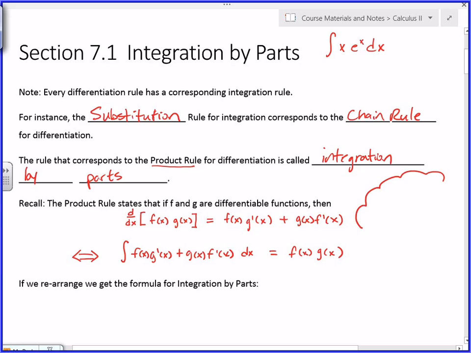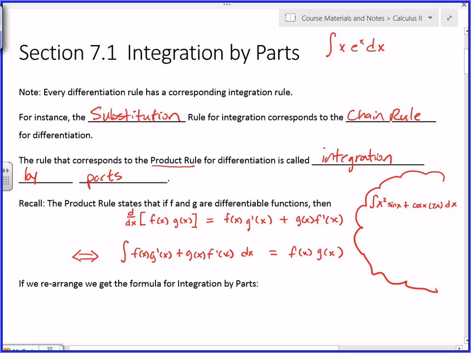What I mean by getting lucky is, let's say the integral problem was the integral of, I don't know, x squared sine of x plus cosine of x times 2x dx. Stare at that for a second and notice that that looks like an f g prime plus g f prime. What is your f in this case?